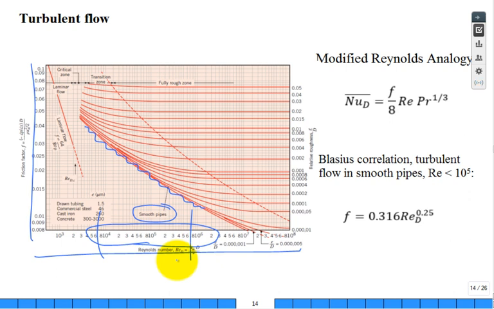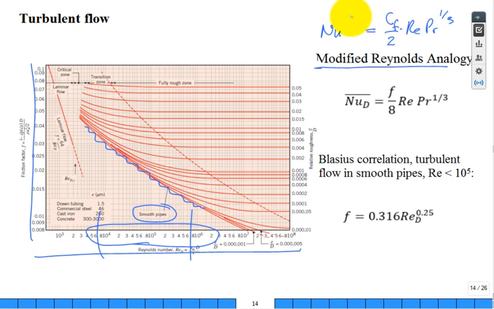So one of the great equations we came out with at the end of chapter 6 was the modified Reynolds analogy. It's basically relating C sub F divided by 2. If I multiply that by the Reynolds number and the Prandtl number to the 1/3, I anticipate the Nusselt number.